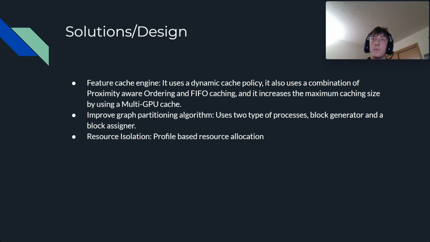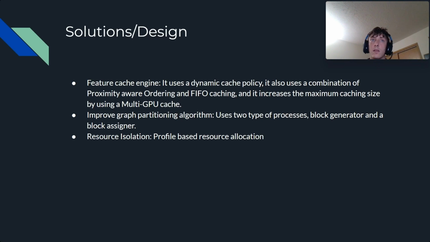The second solution mentioned in the article was the improvement of graph partitioning algorithm. Their goal for this new algorithm was that it could scale to billion-node graphs, utilize multi-hop connectivity, and train the load balance. Their new algorithm consists of two processes.